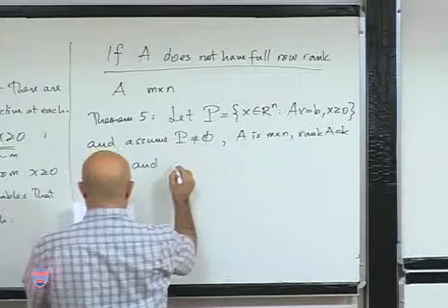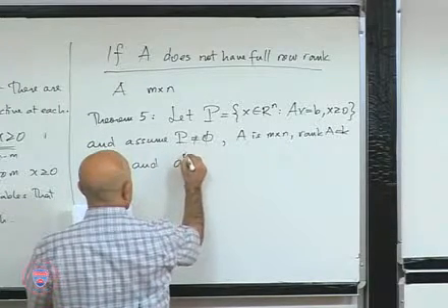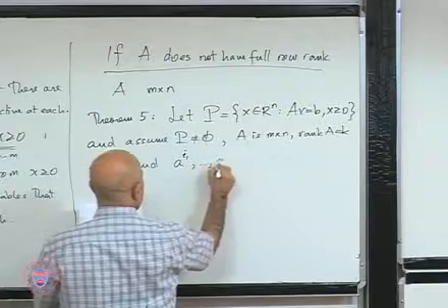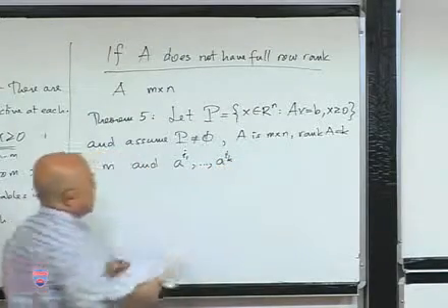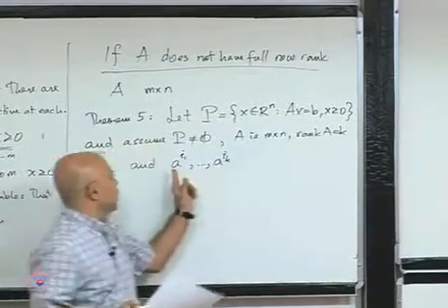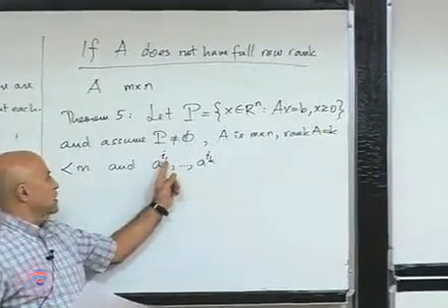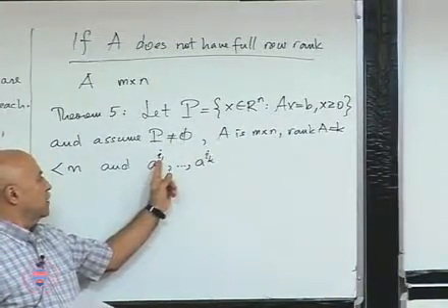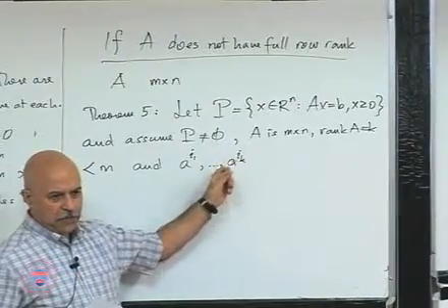Since the rank is k, you have a choice of row indices, which I call i_1, i_2, etc., i_k.